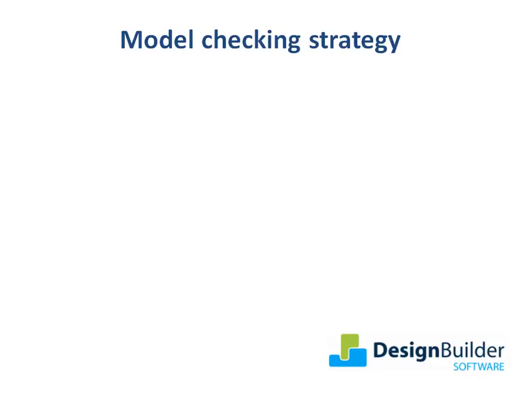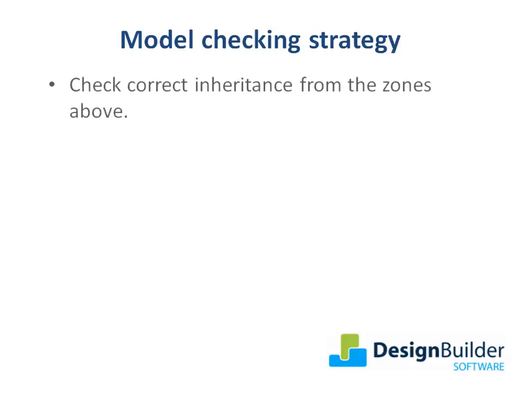DesignBuilder recommends the following minimum checking procedure for models prior to running large simulations. First, check the model to ensure that data is being correctly inherited from the levels above. This is particularly relevant where data may have been incorrectly hard set, preventing it from inheriting data after design changes.